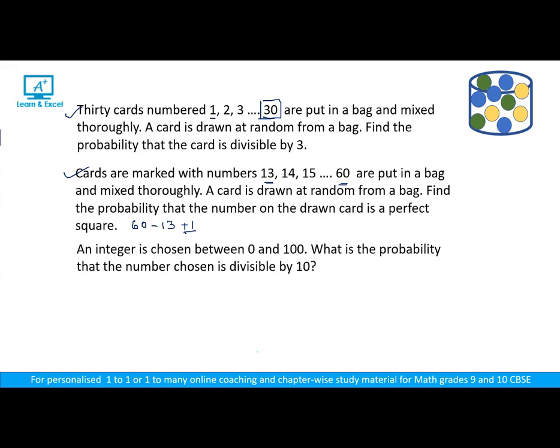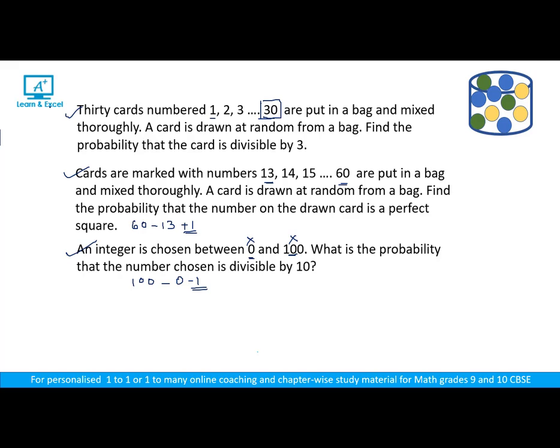In the third type of problem, we had to choose an integer between 0 and 100, which means we are not going to include 0 and not going to include 100. So to find the total number of outcomes, we wrote 100 minus 0 minus 1. So we subtracted 1.